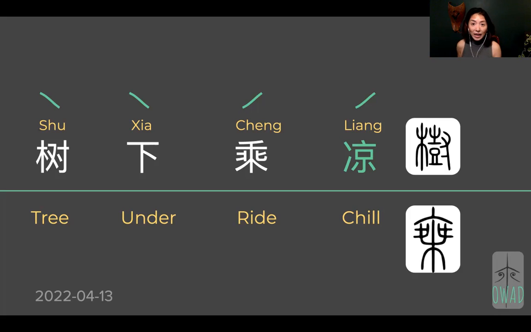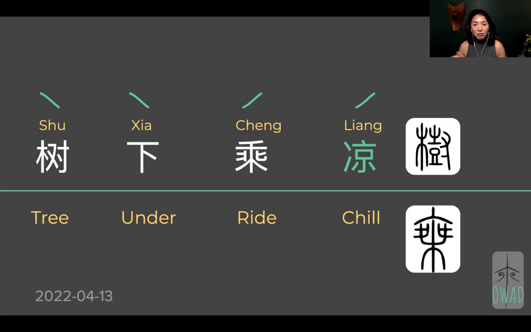树下 and 乘凉. Okay, 乘, here is a toe, and you can see another tree here, right? Same tree structure here. But the difference is it has this hook thing, pointing downward like that. My interpretation is either it's a tool or it's a super simplified hand symbol.